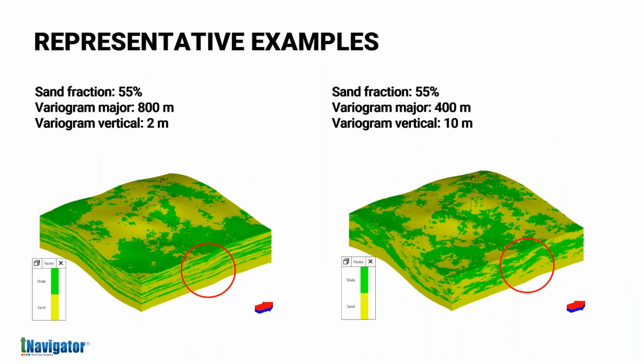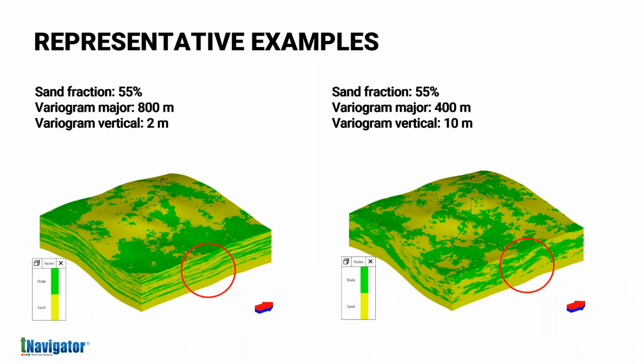Here we present two representative examples, just to give you the idea of what we're doing. We kept the sand fraction the same between these two examples, but we're varying the major and vertical variogram ranges. On the left-hand side, we have 800 meters laterally and 200 meters vertically correlation within the variogram. On the right-hand side, we have 400 laterally and 10 meters vertically.